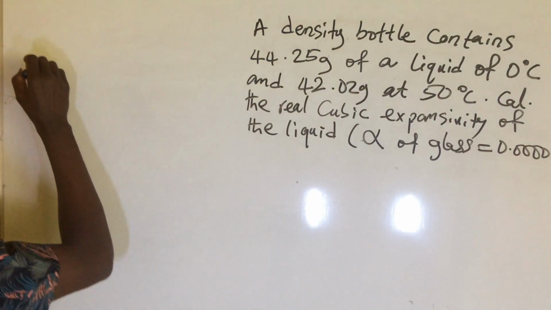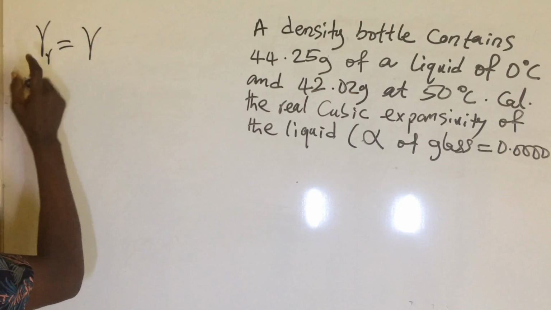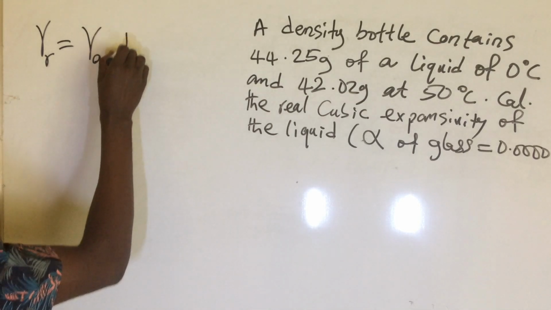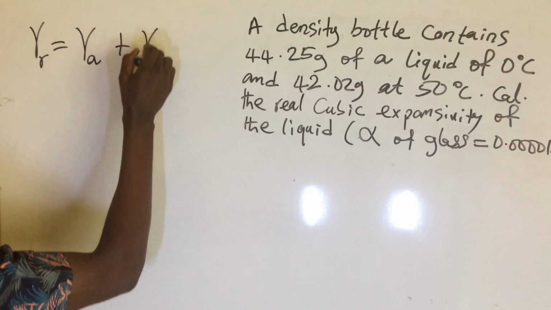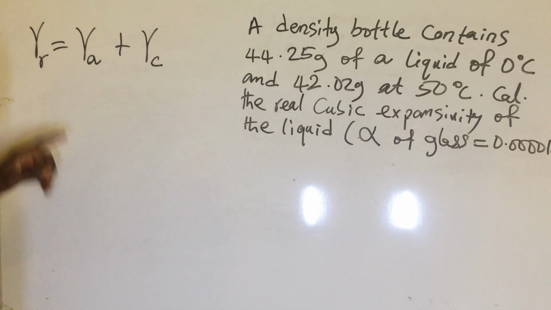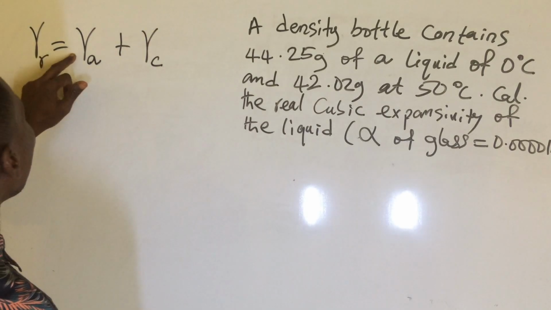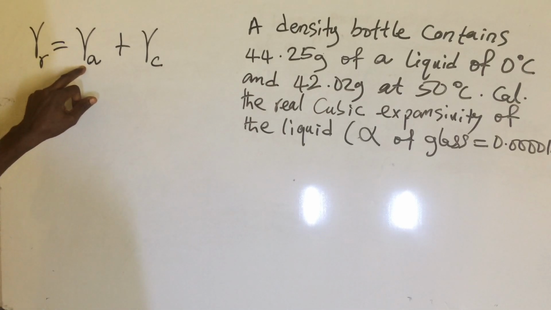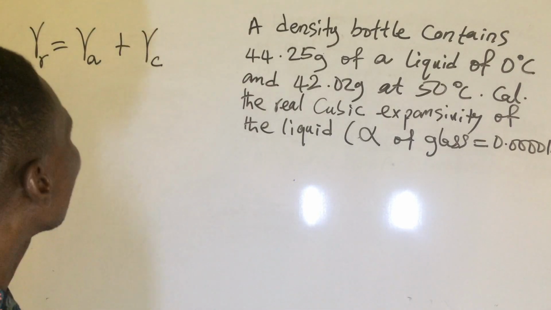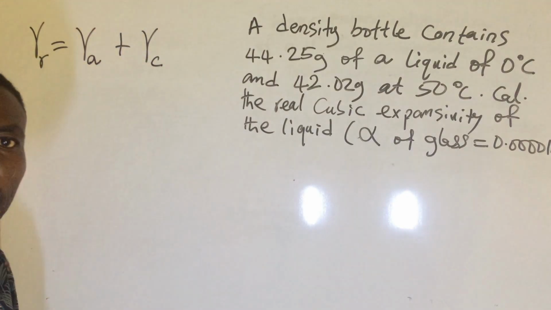Now, gamma R is equal to gamma A plus gamma C. So gamma R is the real cubic expansivity of this liquid in a container, gamma A is the apparent cubic expansivity of the liquid, and gamma C is the cubic expansivity of the container holding the liquid.